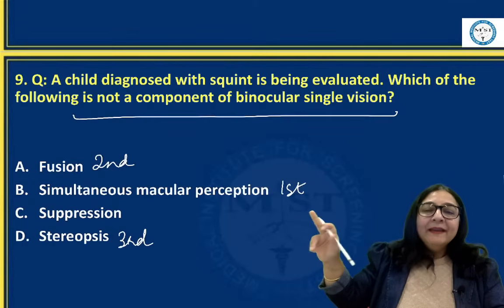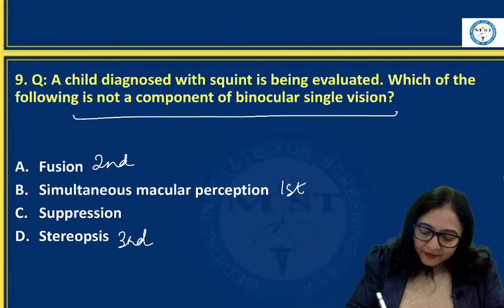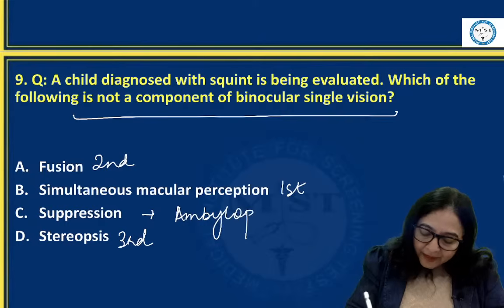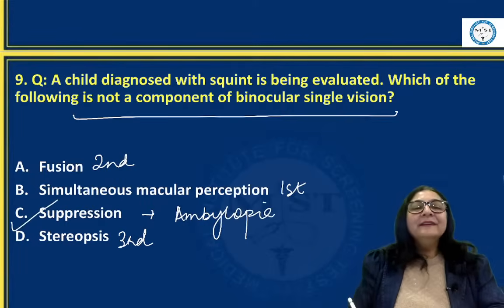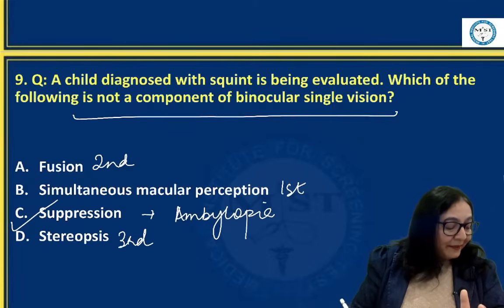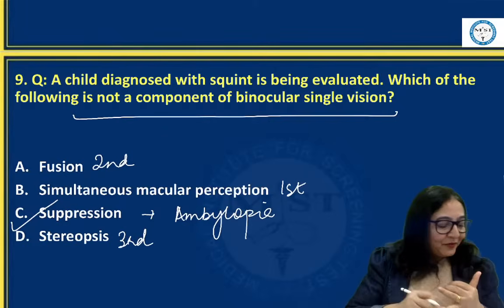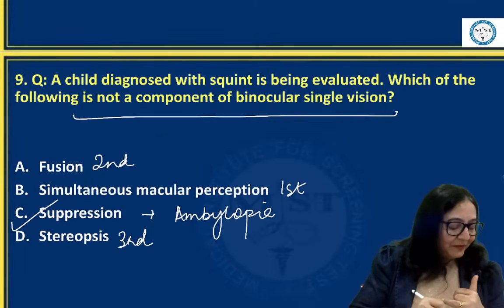And when suppression persists for a long time, it will lead to amblyopia. So, of course, suppression is not a part of the binocular single vision, as you have already told me. The test for stereopsis is the Titmus fly test. Very nice.